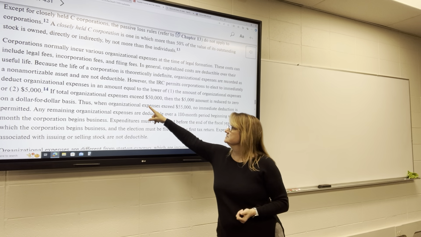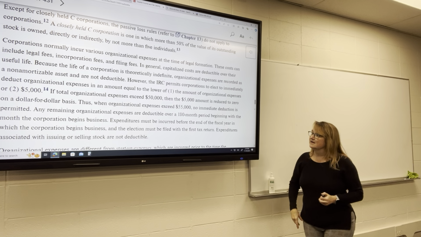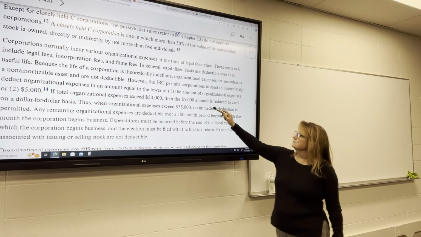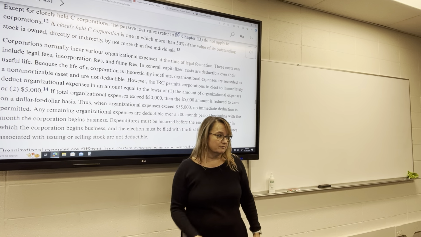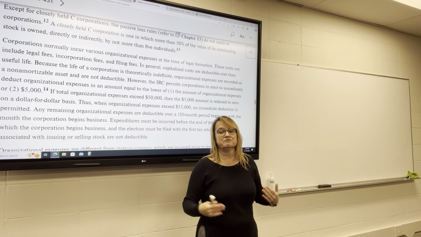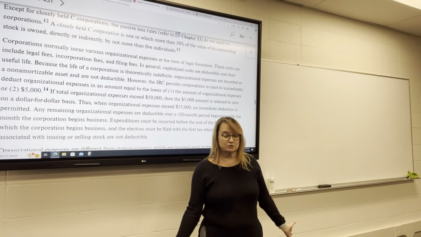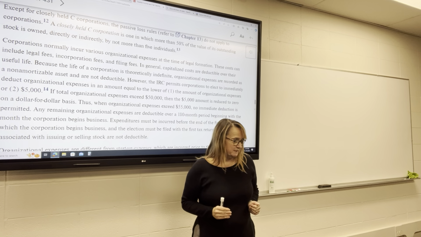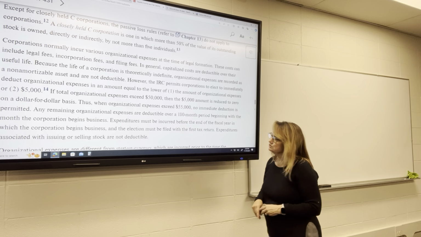However, if the organizational expenses are more than $50,000 in total, then the $5,000 amount is reduced to $0 on a dollar for dollar basis until you get to $55,000. So if you spent $52,000 in organizational expenses, you can deduct $3,000 of those. Does that make sense? So a dollar for dollar up to that.